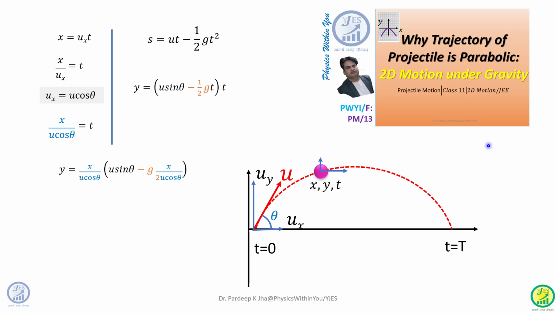When we set the equations, we get a quadratic equation, which is the general relation of a parabola, and hence the trajectory is parabolic. If you have not seen it, please visit that video.